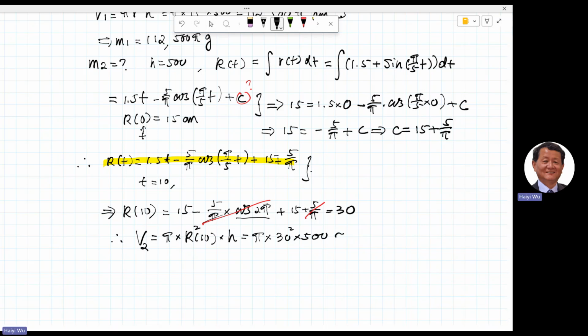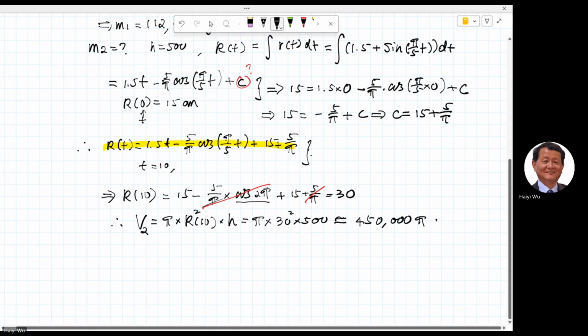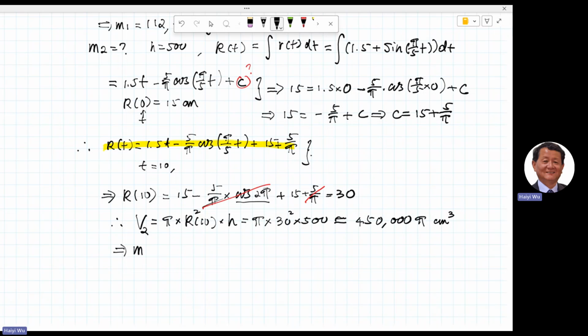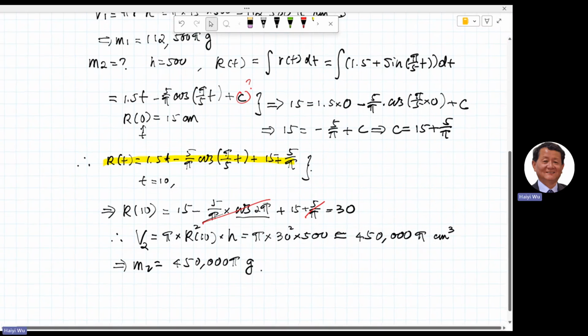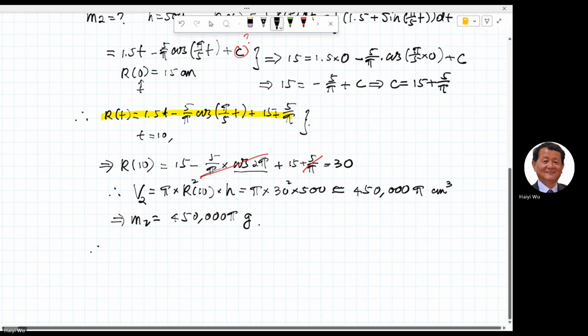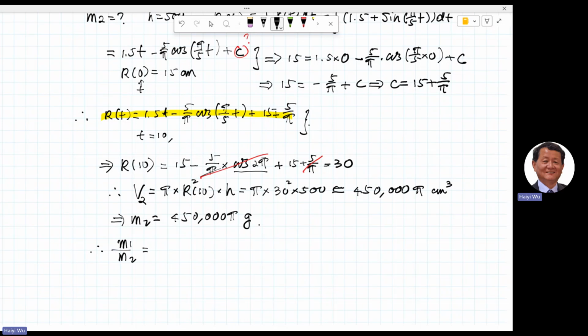So the answer will be 360,000 pi cubic centimeters. Therefore M2 will be 360,000 pi grams.